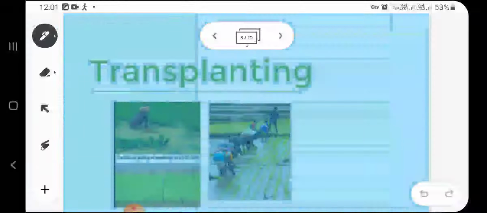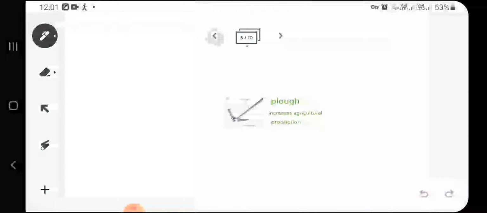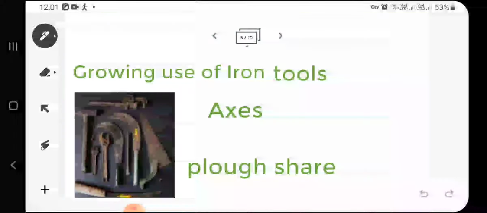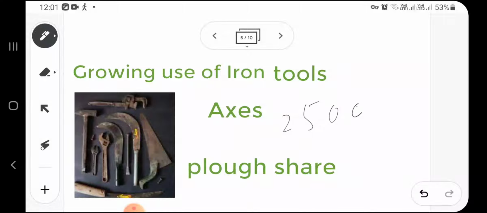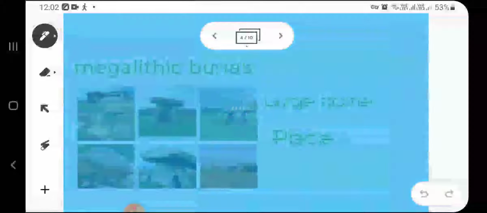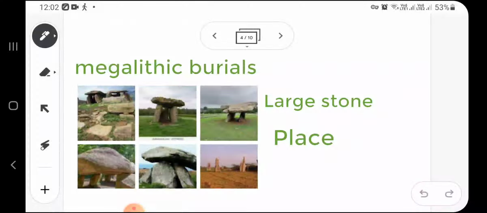Then the growing use of iron tools began around 2500 years ago.